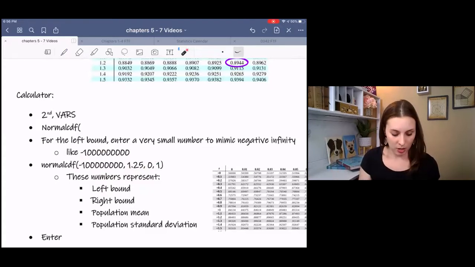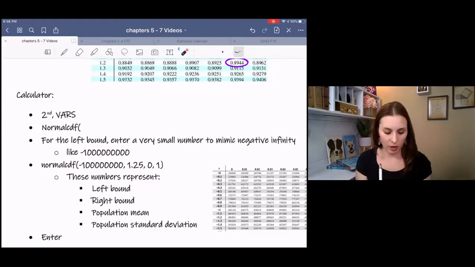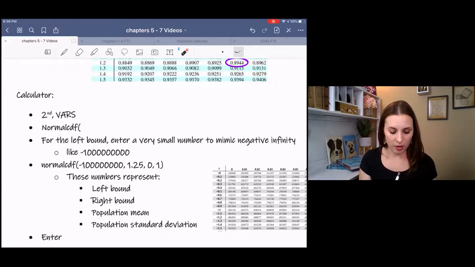So I'm going to type in negative, because it's a left bound, big number, comma. The comma is above the 7, 1.25, comma, mean, comma, standard deviation.